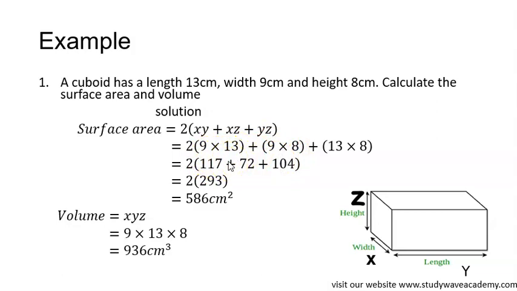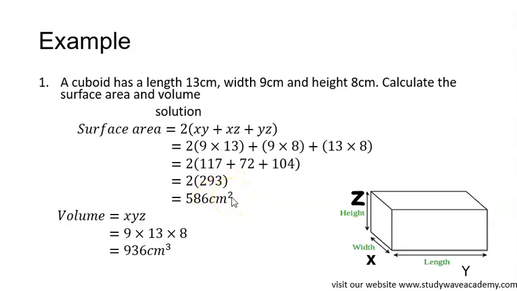When you add all these together, what is going to be your answer? 293, right? You got that. So now we open the bracket. 2 times 293 is going to give you what? When you multiply 2 times 293, it is going to give you 586 centimeters square. Remember, the surface area is always in centimeters square, okay?